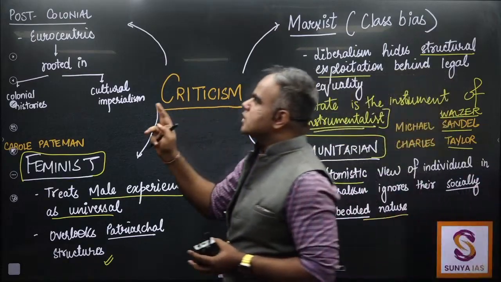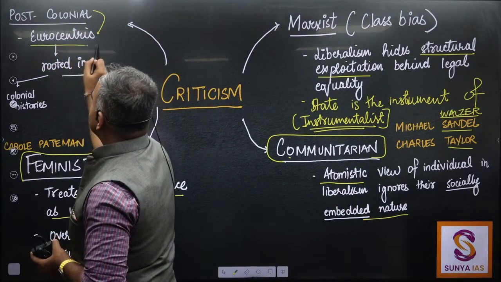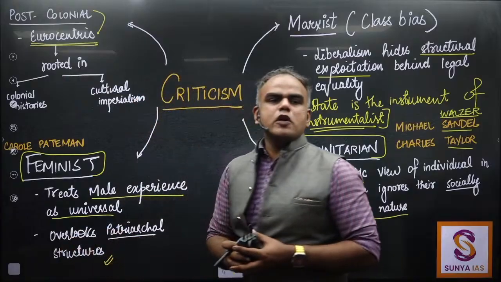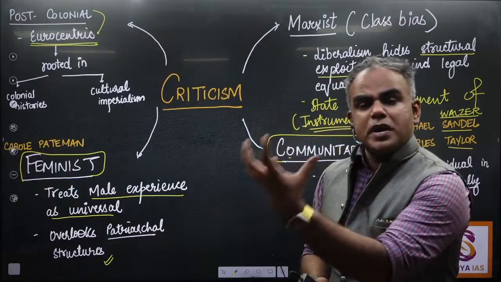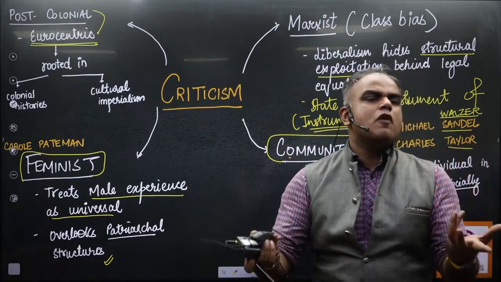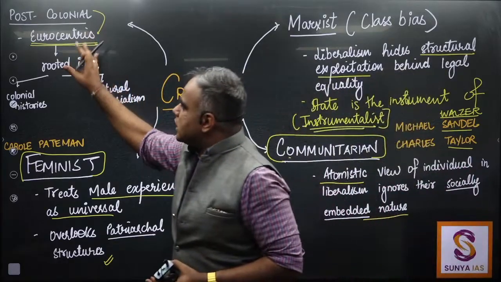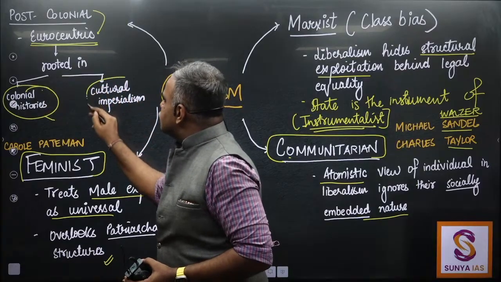So post-colonial theory will say this liberal theory of state is Eurocentric. What is the meaning of Eurocentric? They only think of the European worldview as a reflection of the entire global worldview, which is false. This Eurocentrism is rooted in colonial history and cultural imperialism.